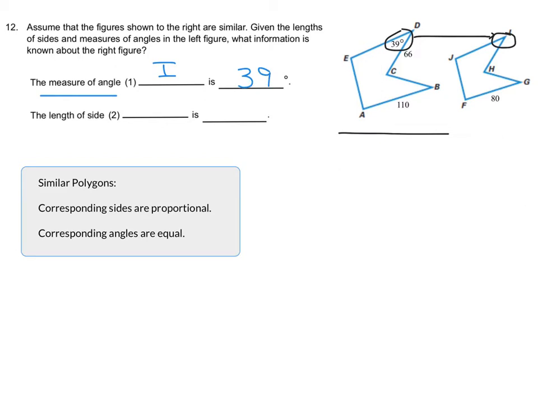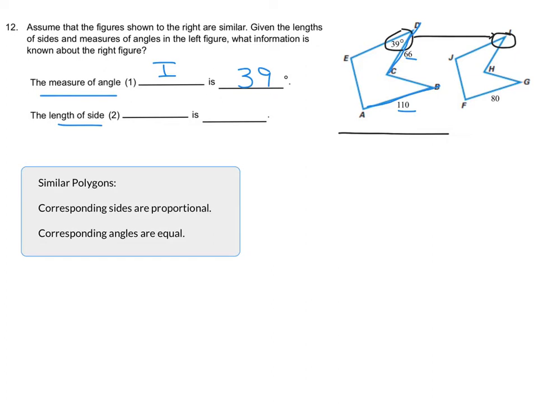Now we want to find a length of a side. If we look at the left figure, we have the side AB is 110, and then we have side CD is 66. Corresponding sides are proportional.